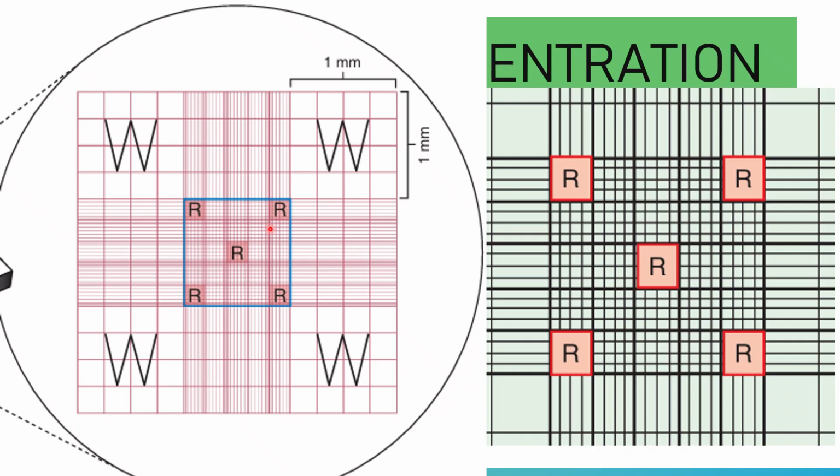In this large central square, again, you have 25 smaller squares. 1, 2, 3, 4, 5, 5 times 5 will give you 25. But the squares utilized for counting are the corner squares and the center small square.